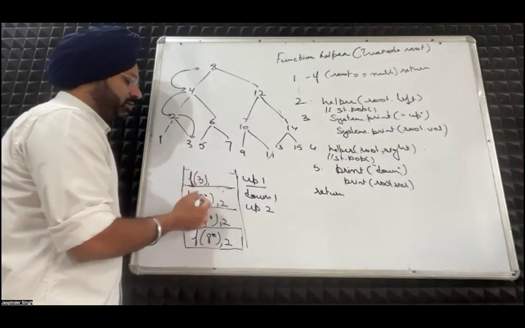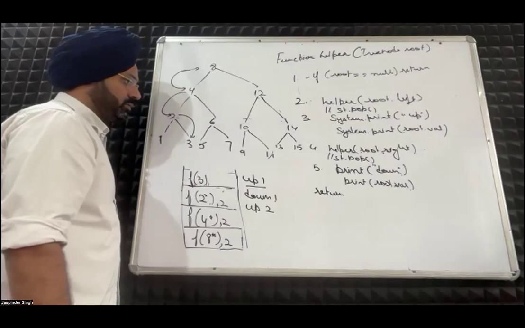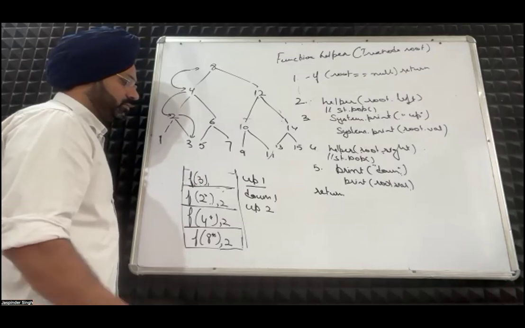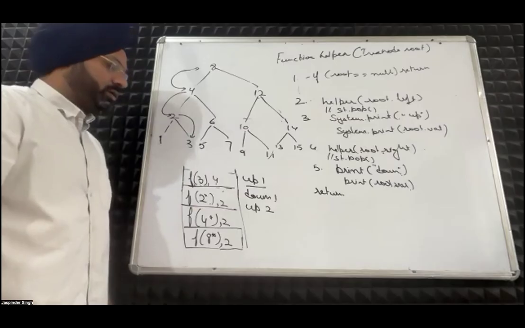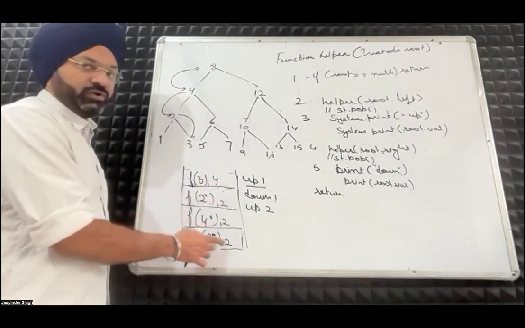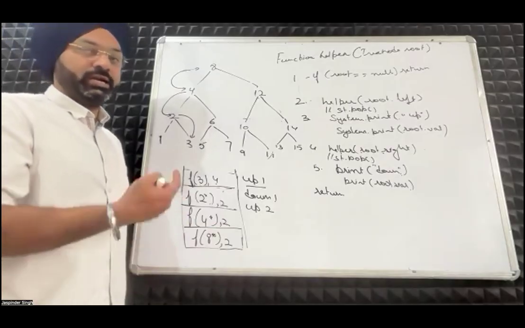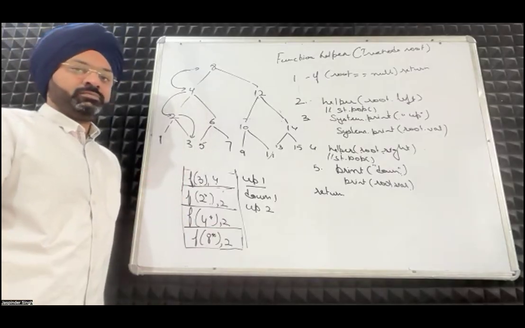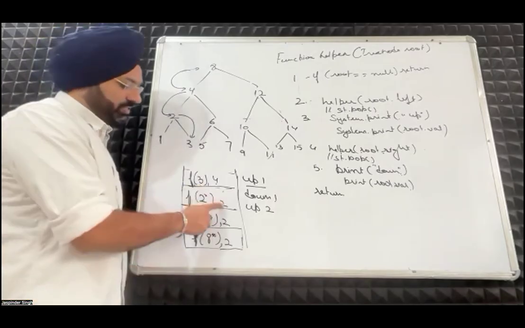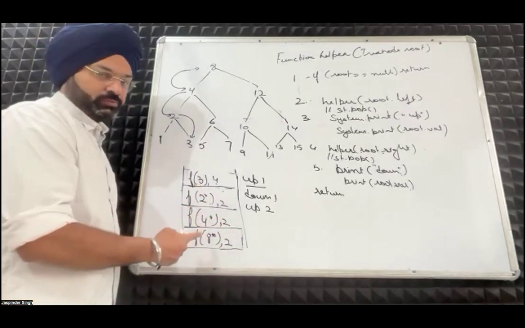From which line has it happened? Line 4. This I am maintaining for your understanding. So when the function call is out, you know at which line I have to return the control. This doesn't go inside the recursive stack. Only these go.